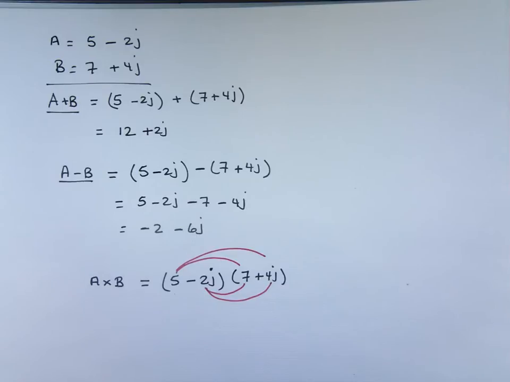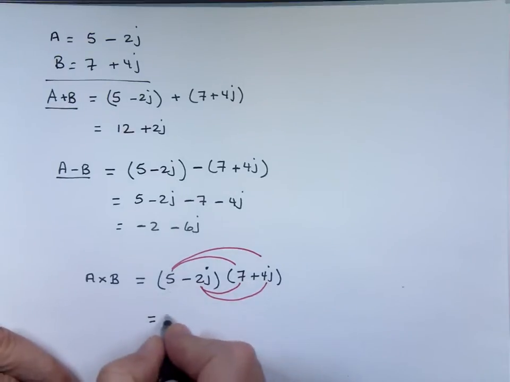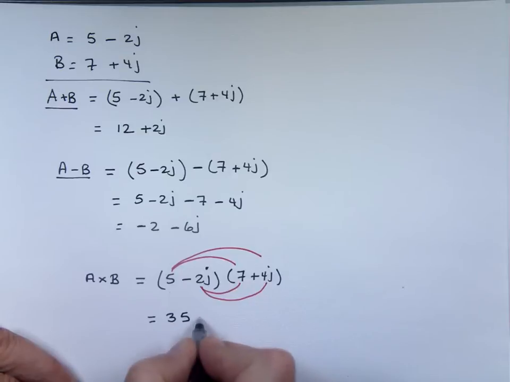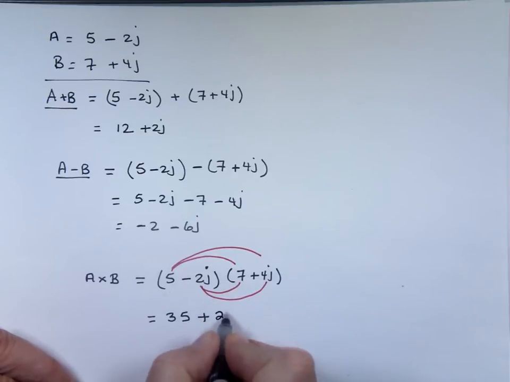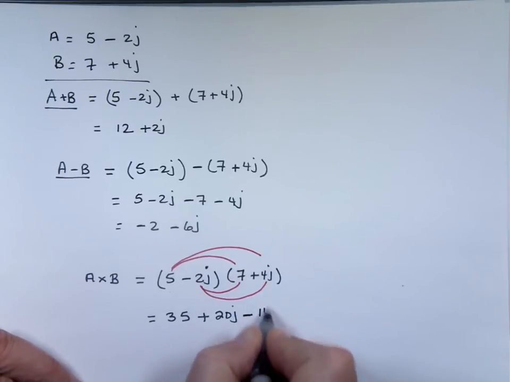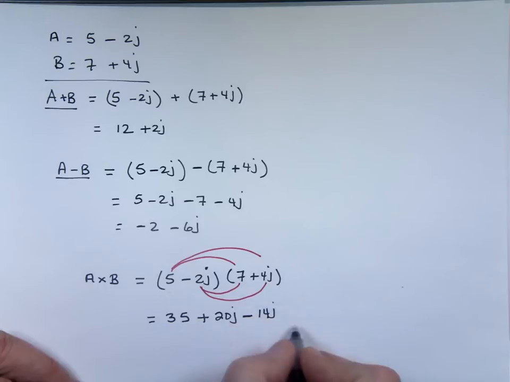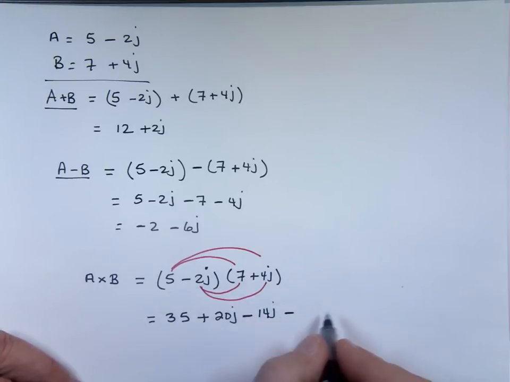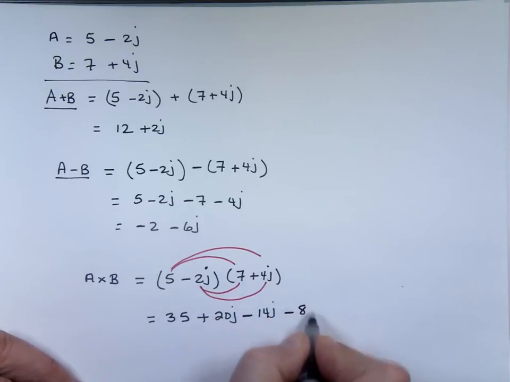What's 5 times 7? 35. Plus 5 times 4J, which is 20J. Minus 14J. And minus 2 times 4, 8J squared.